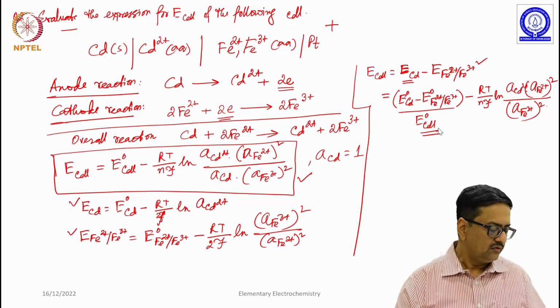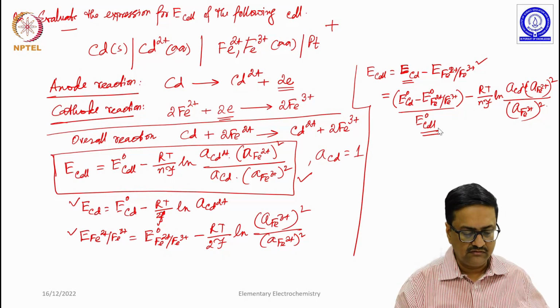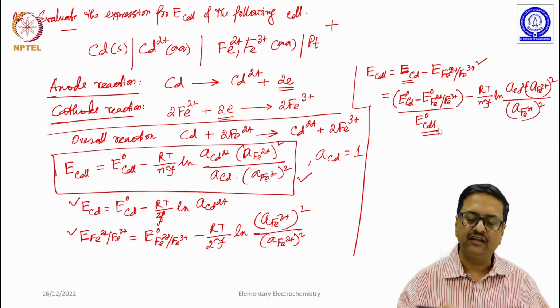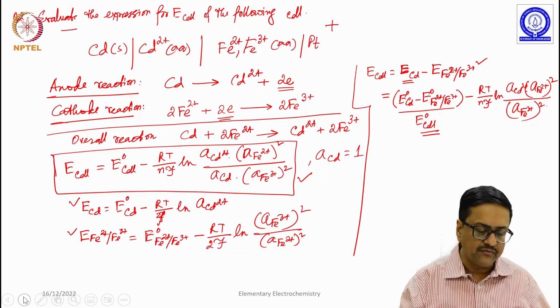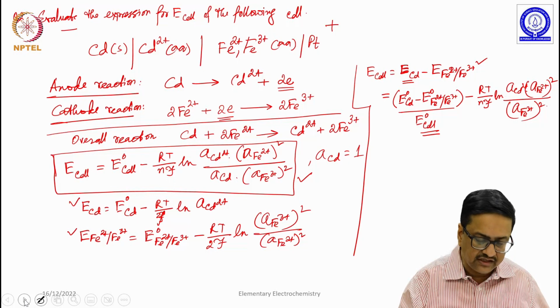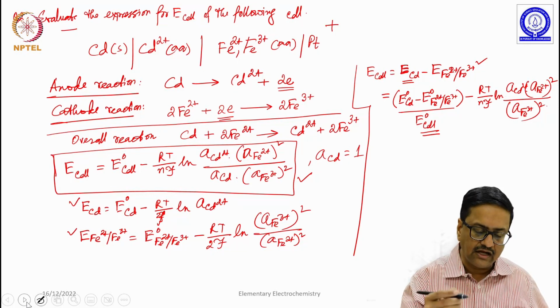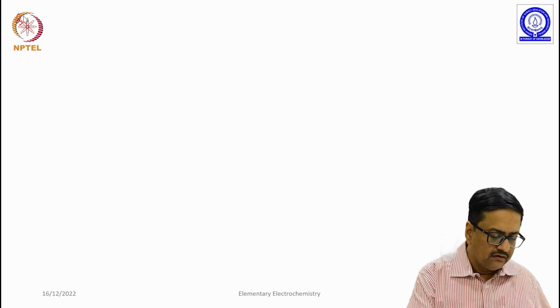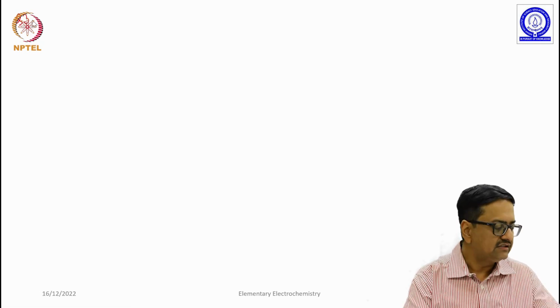So this is how one can derive the equations for the corresponding cells from the corresponding half cell potentials. Let us see question number 3.